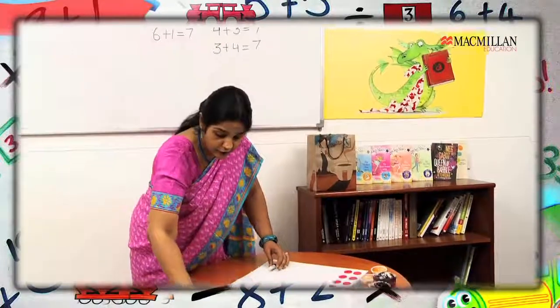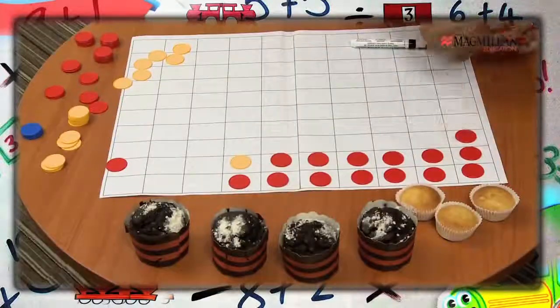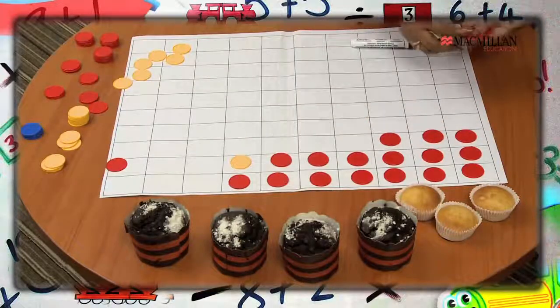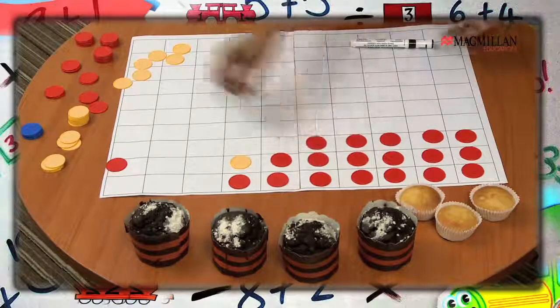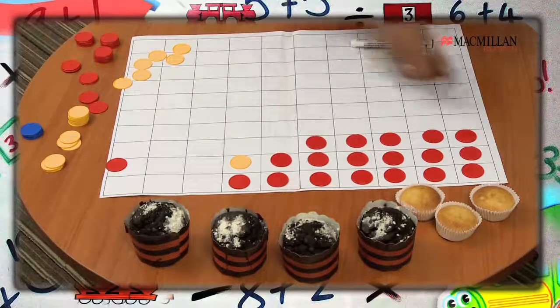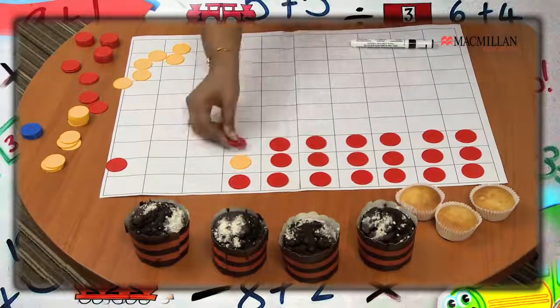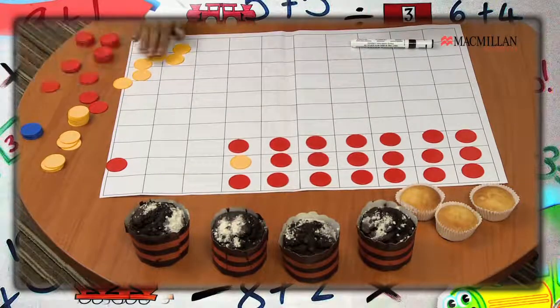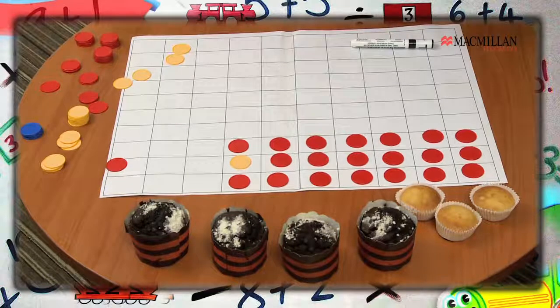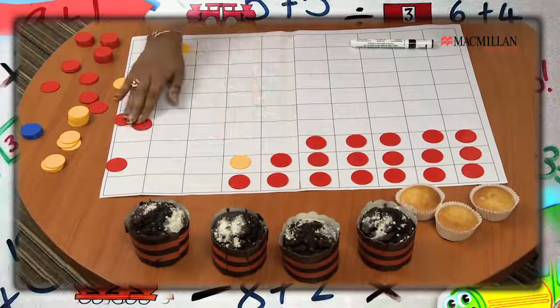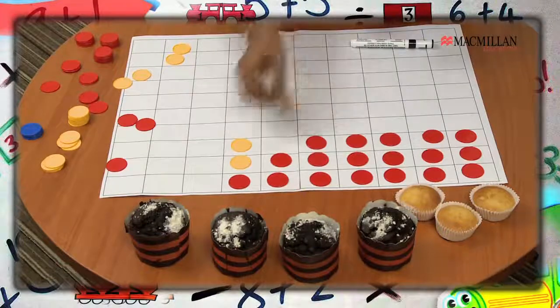Again let us repeat our activity. We again arrange 7 red counters. Are you counting? How many have I placed till now? Yes, 1, 2, 3, 4, 5, 6 and 7 red counters. Now what am I going to do this time? I am going to replace 2 red counters by yellow counters.